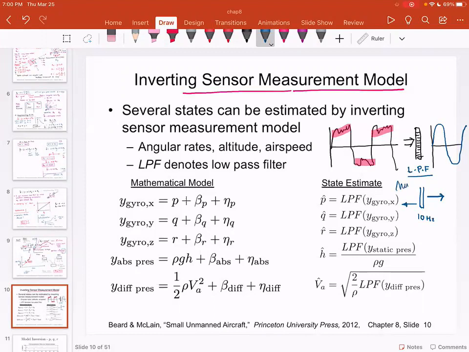All other high frequency signals will be blocked. So low pass filter will eliminate or minimize the noisy high frequency signal, because typically noise is always high frequency. So what you do is you have an output from the gyroscope.